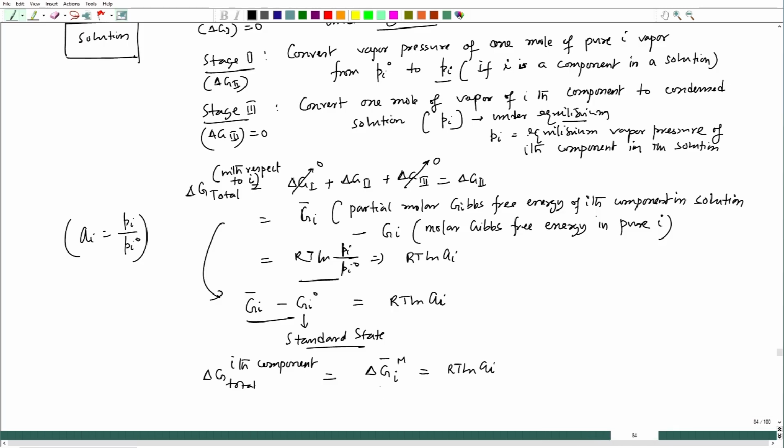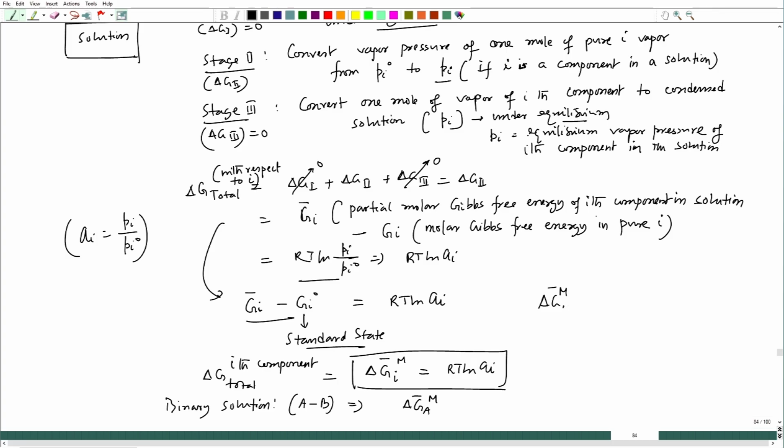Now, if I try to treat an equation like this, for example, if we take a binary solution and we have, say, A and B, then we can write delta G A M, which is basically delta G M bar i, as the partial molar Gibbs free energy difference for the formation of the ith component in a solution.